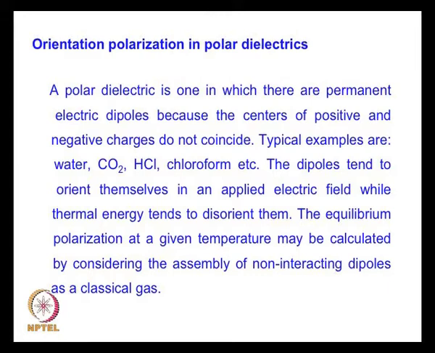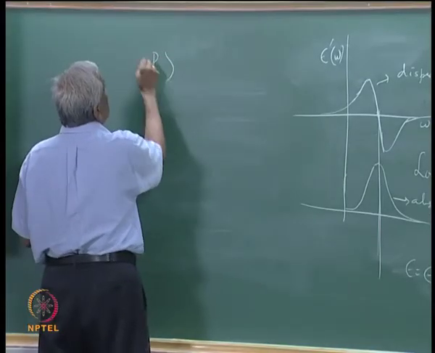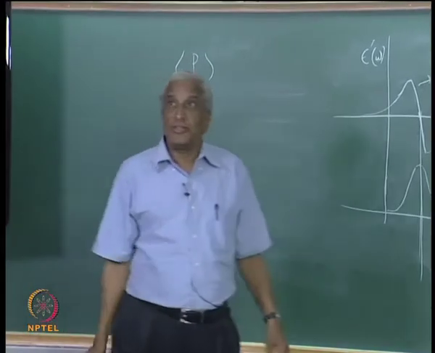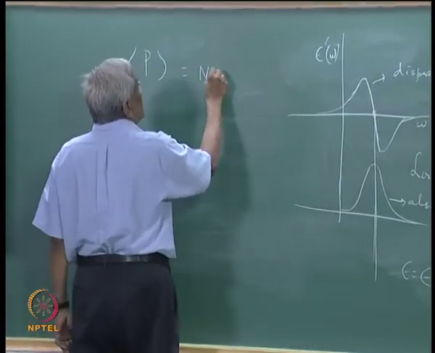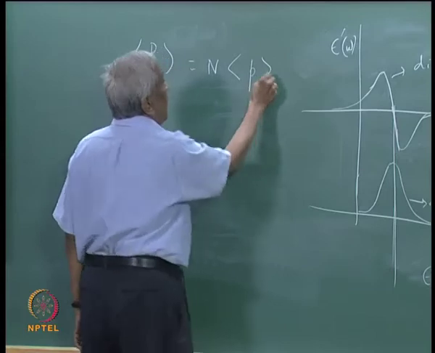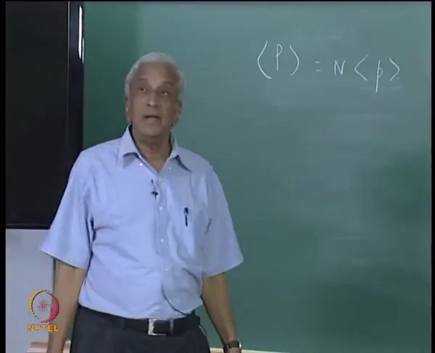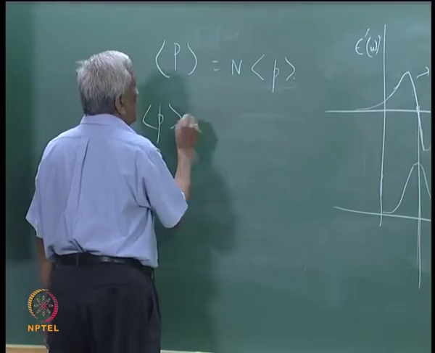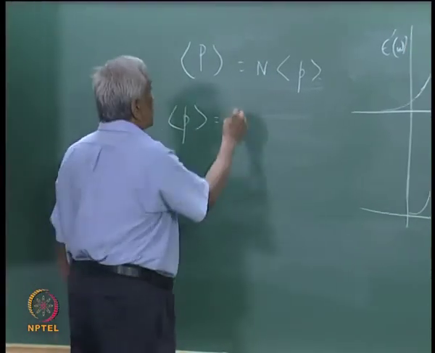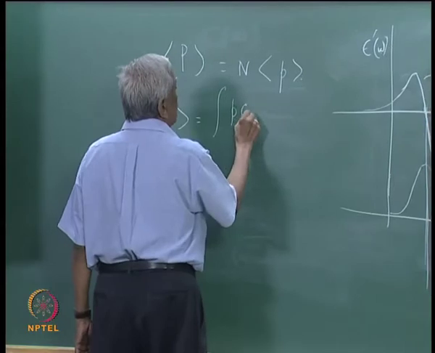So, let us consider this mechanism. Let us write down what the polarization is. The polarization P is a thermal, statistical average, which is n times the average of the individual dipole moment, where this average p is the integral of p cos theta.